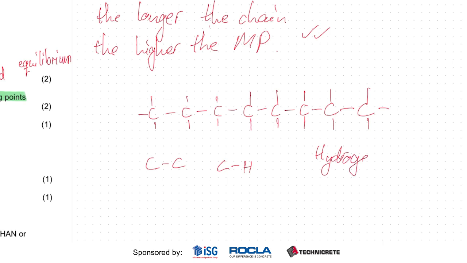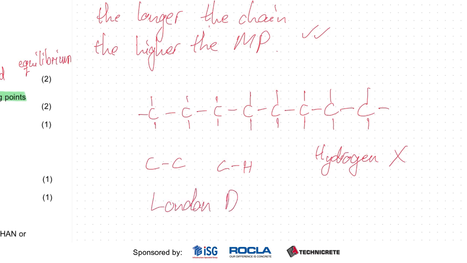Okay, hydrogen bonding is out. Dipoles are out. There's no polarity in these bonds. So it's technically the weakest van der Waals force that we can have in this molecule. And these are London dispersive forces.